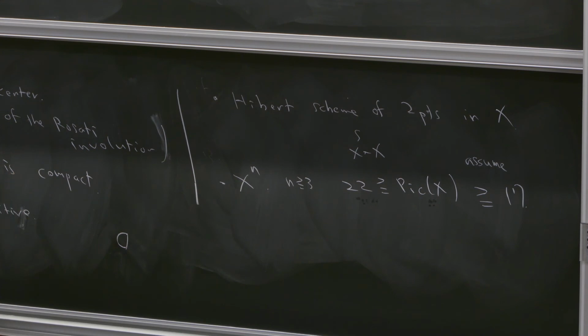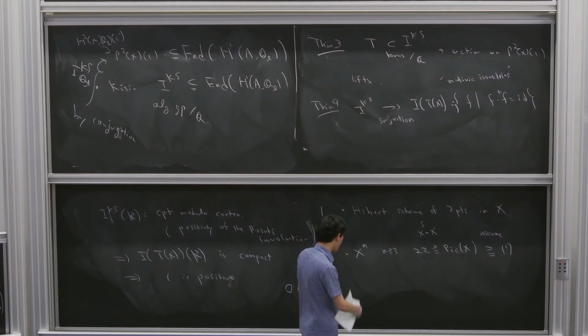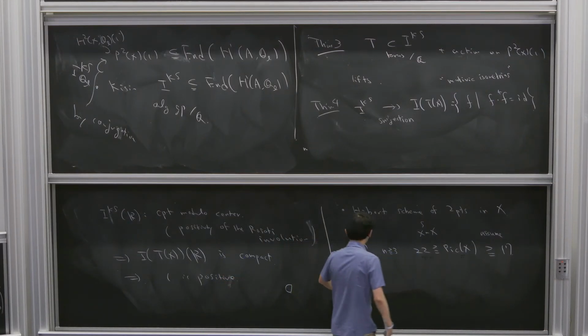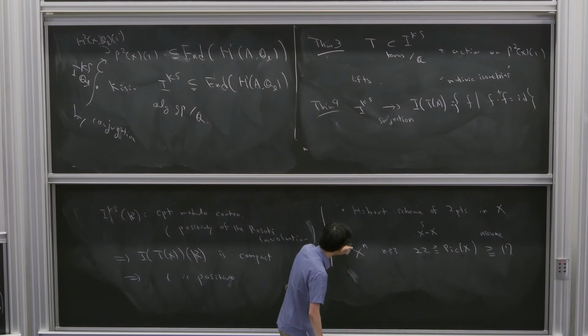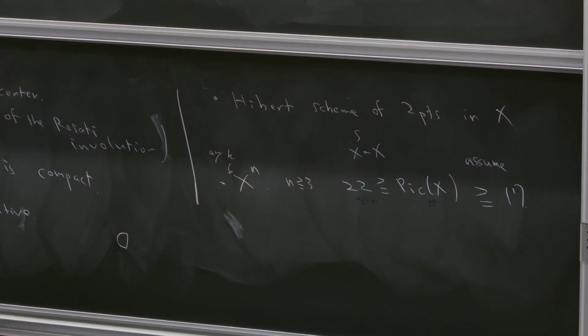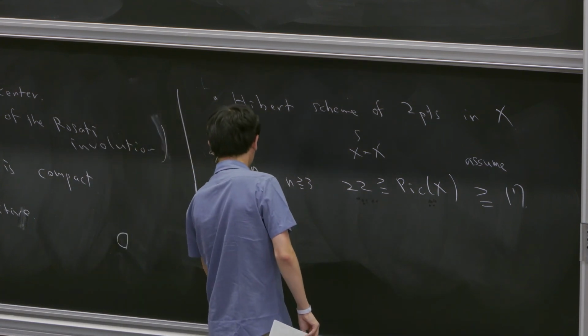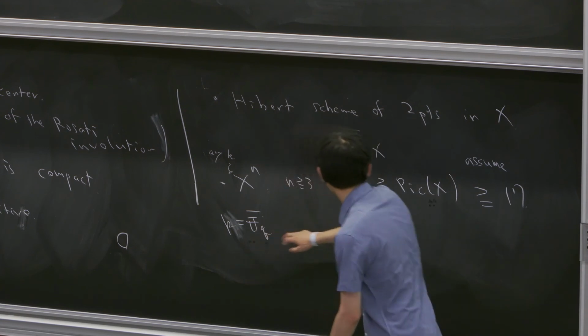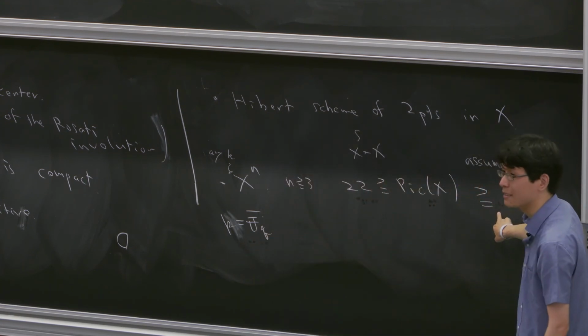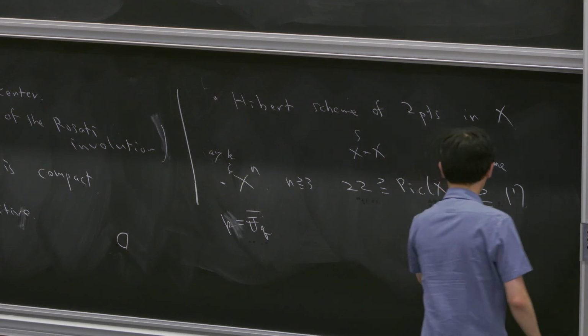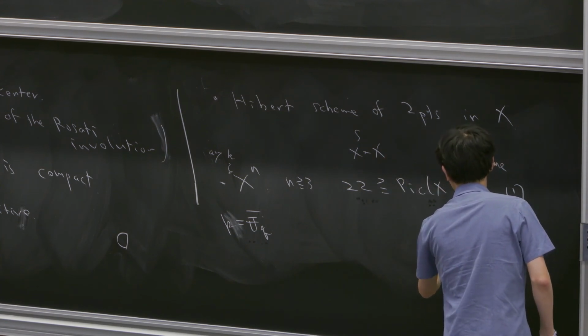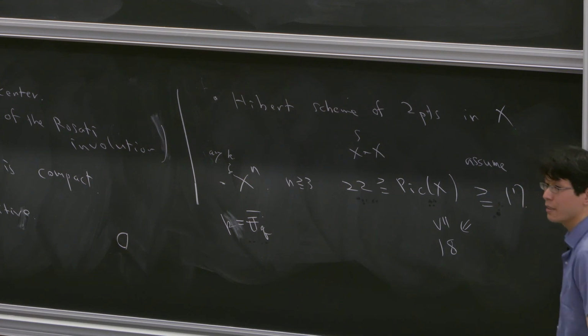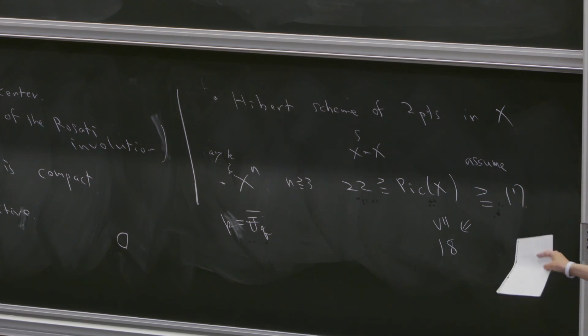So why is this case okay? Here k is any field, but then again we can just work with F_q bar. And if k is F_q bar, then this inequality implies a stronger one: the Picard number is greater than or equal to 18, because by the Tate conjecture, the Picard number is even.